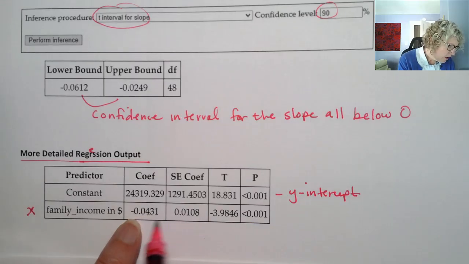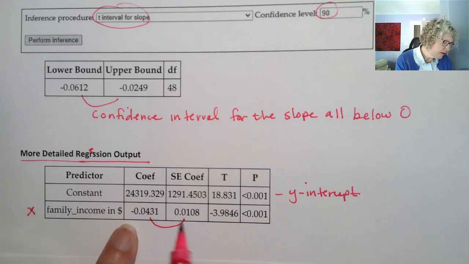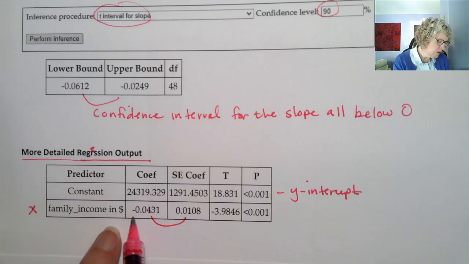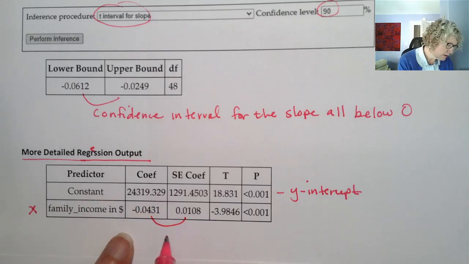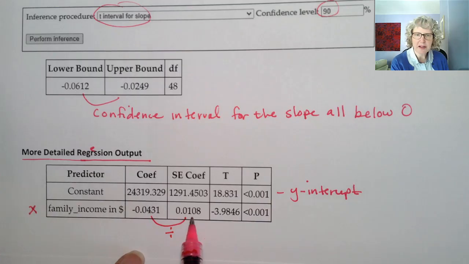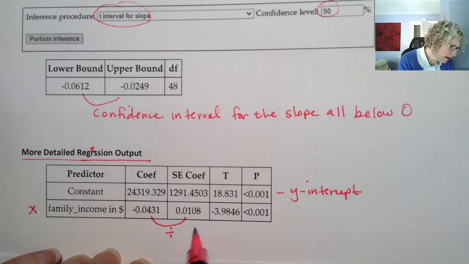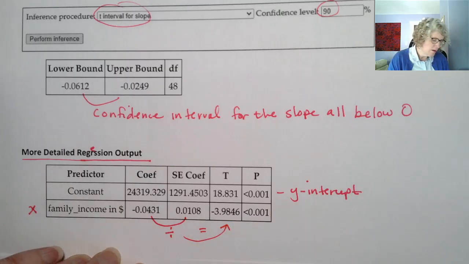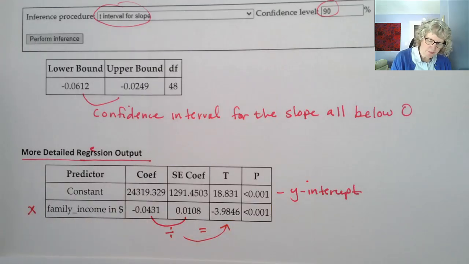And a pattern I didn't really talk about yet, but this is what we did in our formula, right? We took this divided by that, because it was b minus 0 divided by the standard error, and that equals the t statistic, right?